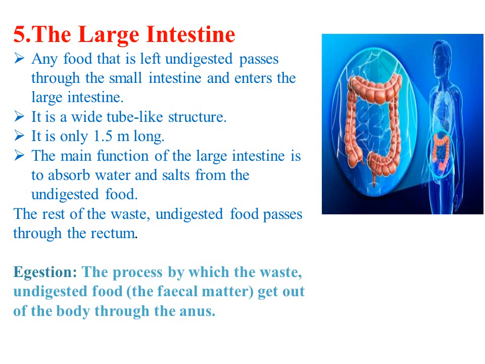By this process, the undigested materials or waste are passed out from our body. That process is called egestion. The process by which the waste and undigested food or the fecal matter gets out of the body through the anus is called egestion. I hope you understood it.